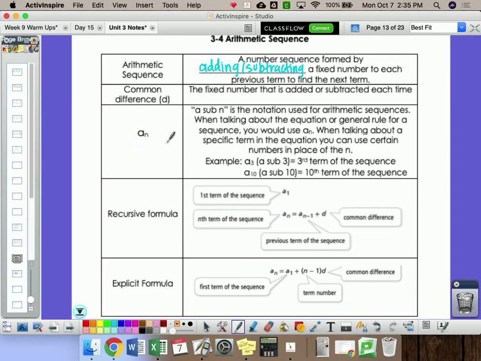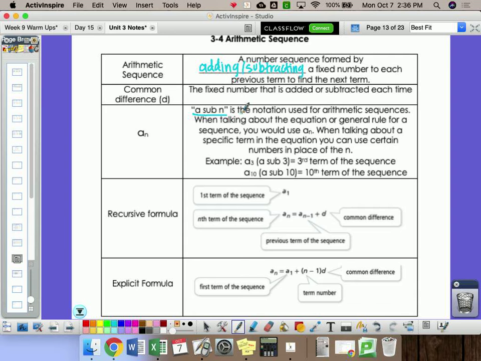That is the way to say it is A sub n. Or if you look below, it says A sub 3 with that big A and that little 3. And that means the third term of the sequence. Or A sub 10 means the 10th term of your sequence.